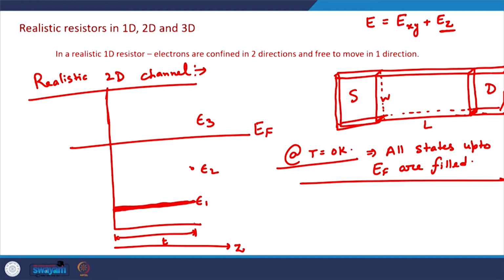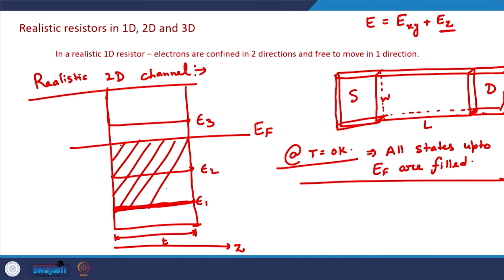So let's say this was our original potential box. This is epsilon 3, this is epsilon 2, and all the states below the Fermi level are now filled. There cannot be any allowed electronic state below epsilon 1. That is disallowed by the quantum mechanical nature of the electrons.